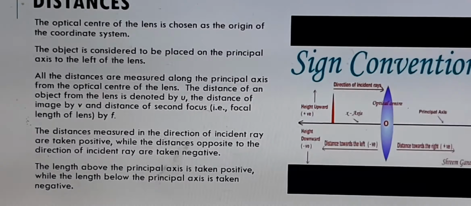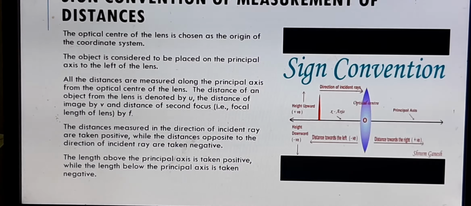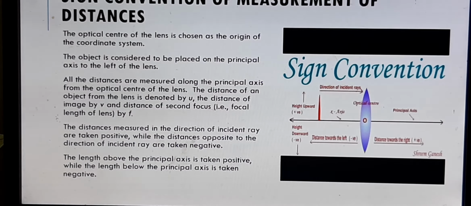Now let us come to the next part of the rule. The distances measured in the direction of the incident ray are taken positive. So we should always know the direction of the incident ray. In this figure, you see the direction of the incident ray is from left to right towards the lens.